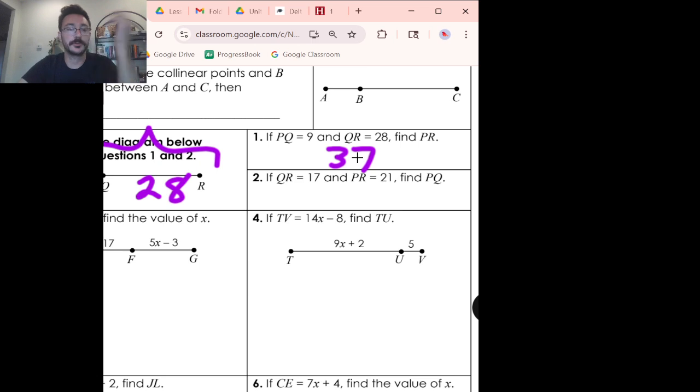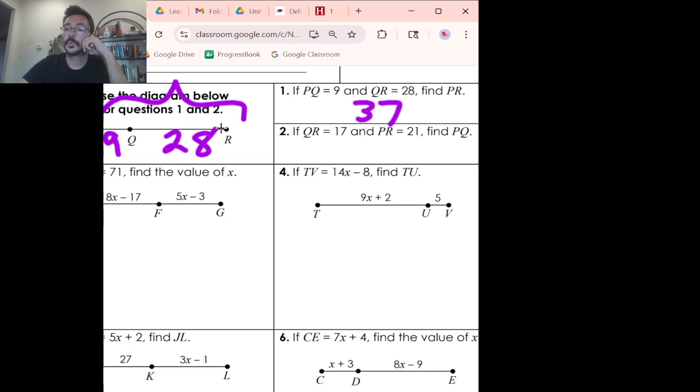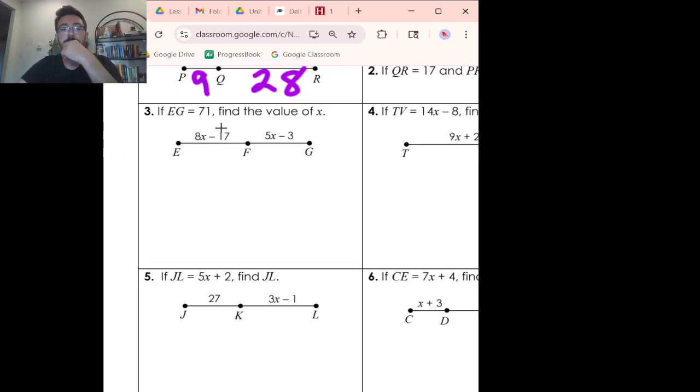Where it gets a little bit more challenging and you have to think back to Algebra 1, hopefully you had a good Algebra 1 teacher or someone to teach Algebra 1, is when it comes into having variables. For example, number 3 here says EG, so it's referencing the entire thing, is 71.